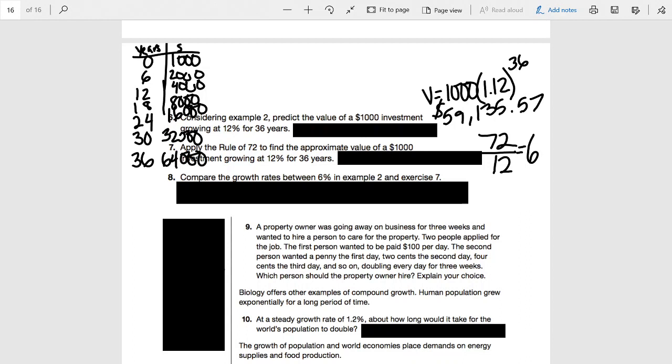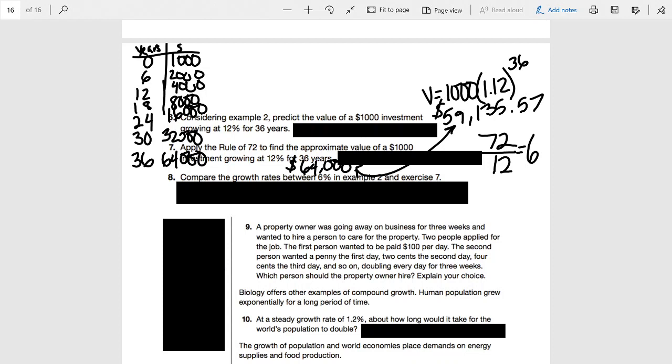So by using the rule of 72, we would estimate that our money would be at about $64,000. Looking between our exact amount and our estimated amount, for an estimation, that's not too bad. That's pretty close. Yes, we're off by a little bit, but it's truly just an approximation using the rule of 72.